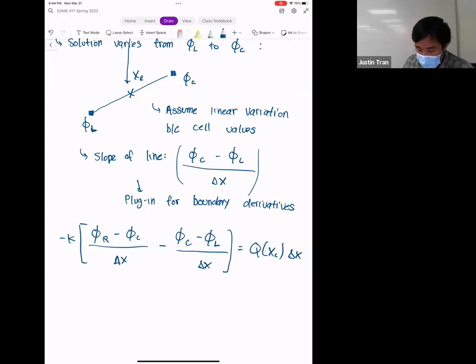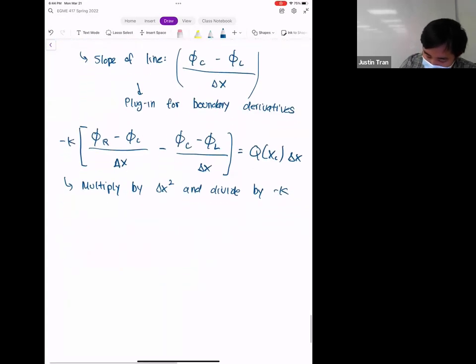So let me go ahead and multiply both sides by delta x squared and divide by minus k. If we do that, the left-hand side, we have a phi sub r, a minus phi sub c and a minus phi sub c, so it's going to be a minus 2 phi sub c.